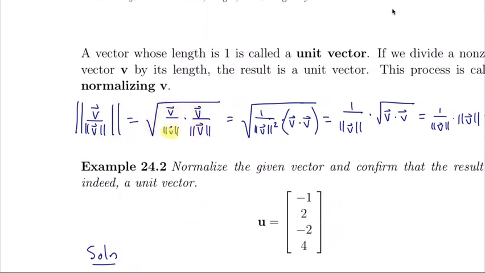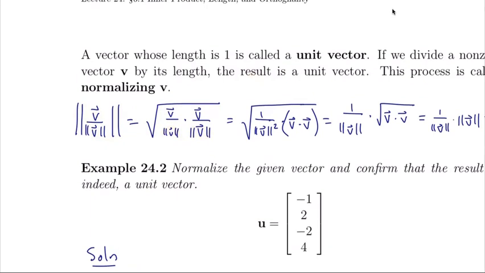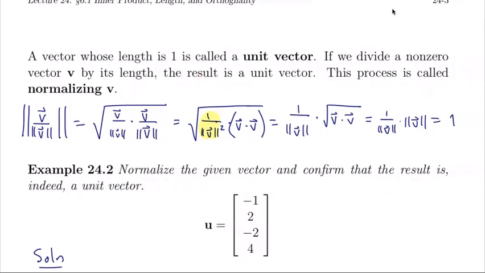Now remember that these two values are scalars, so we can factor them away from this dot product. We can factor the scalars 1 over norm of v out to the side. There are 2 of them, so we have 1 over norm of v squared, and what's left is just v dot v, the inner product of v with itself.